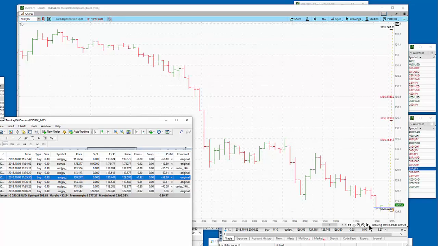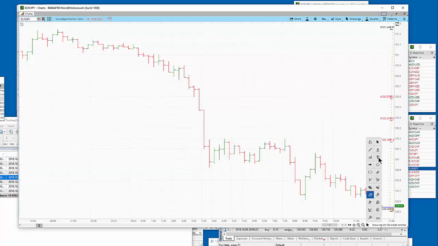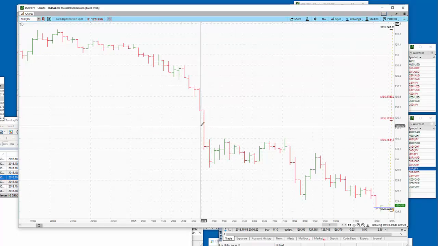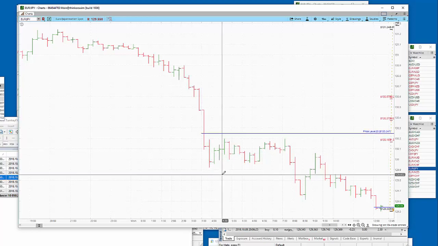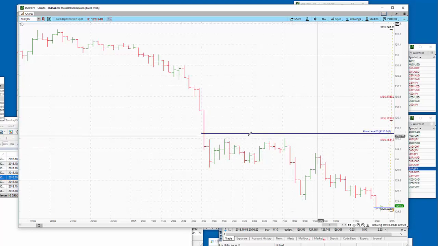Let's go make a line for it. We'll go get our price line, 130.247. Okay, so it would have gone in this price bar. Oh, I had it there for a second. Right there. Okay, so we still have this trade that we're worrying about too.